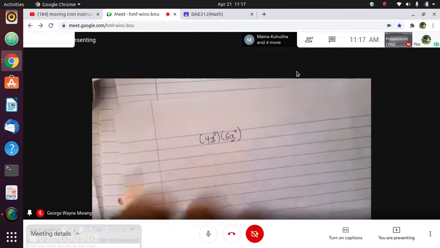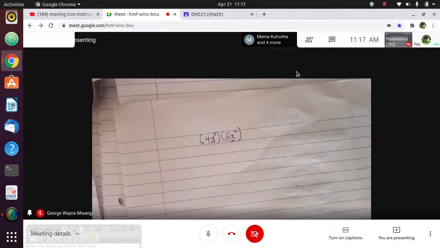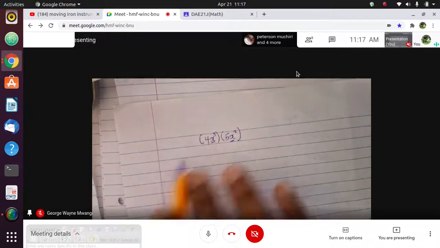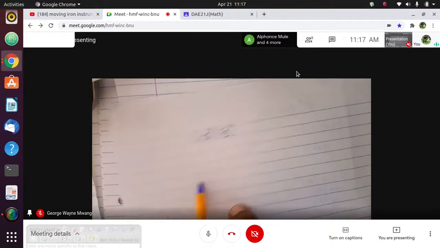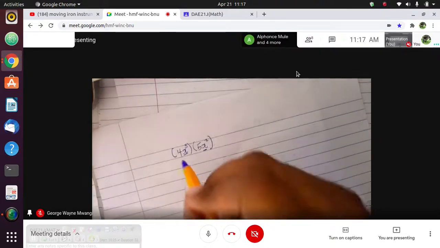Remember, we will use the laws of indices. So when you have a number that is common and it is raised to a power, and you multiply it, what will happen to the powers? You add them. You add the power. So in this case, ukiambia usimplify hii itakuwa ngapi?